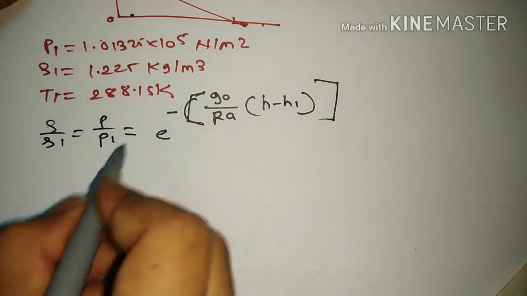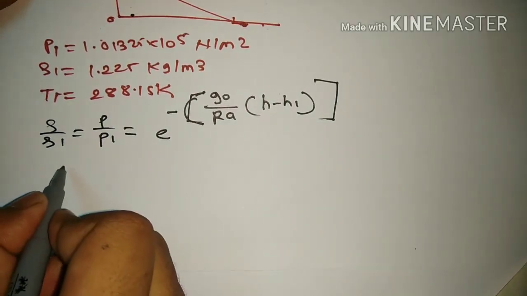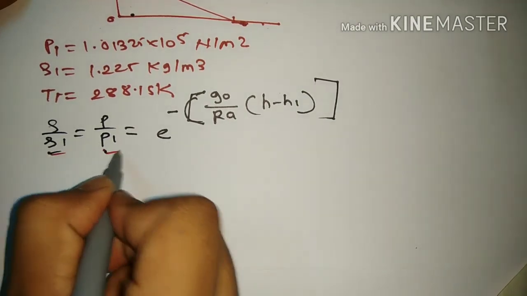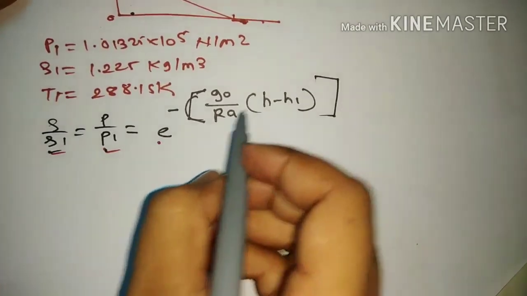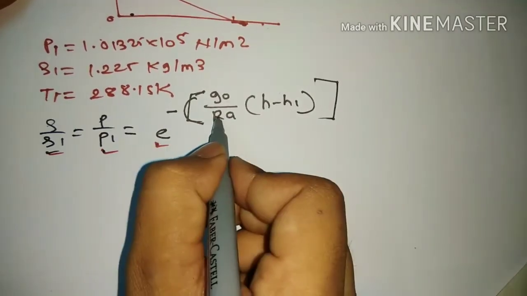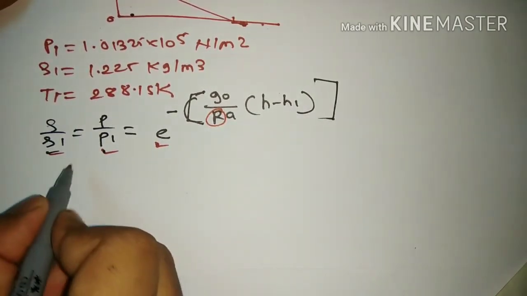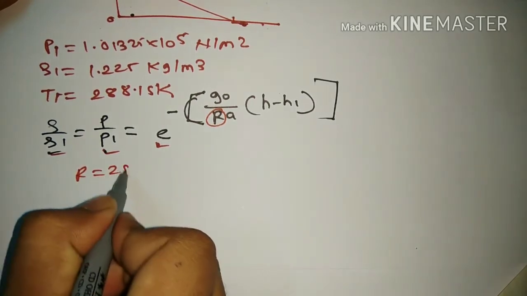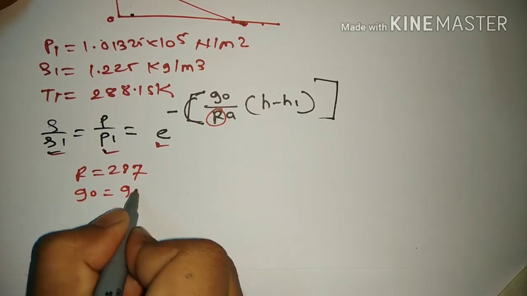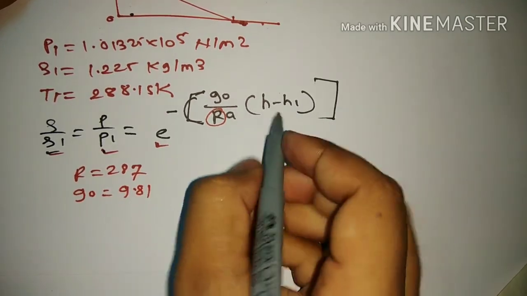We know rho 1 and P1. R is 287, the gas constant. G0 is 9.81.